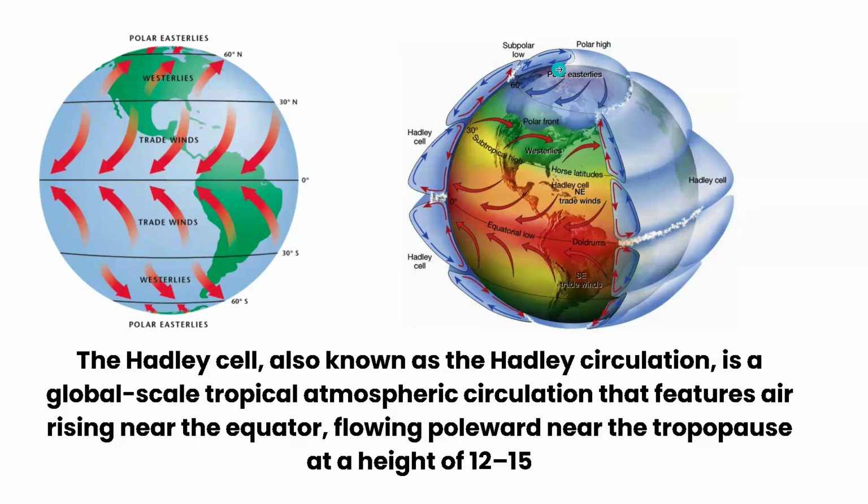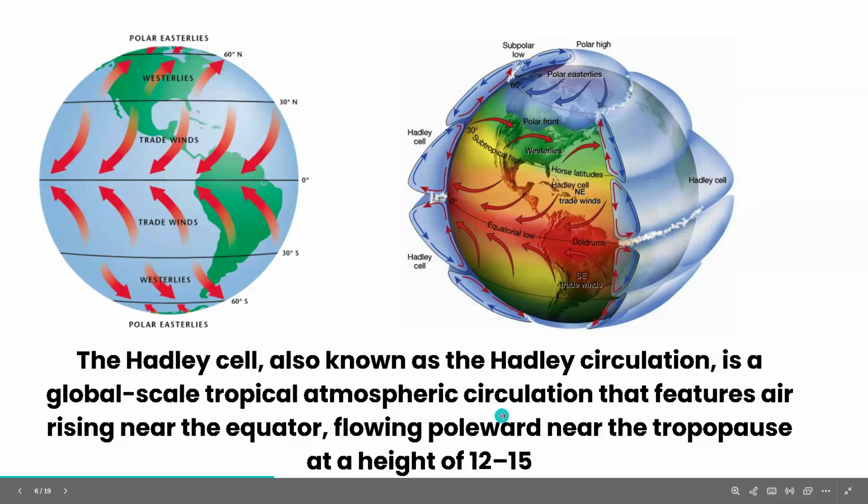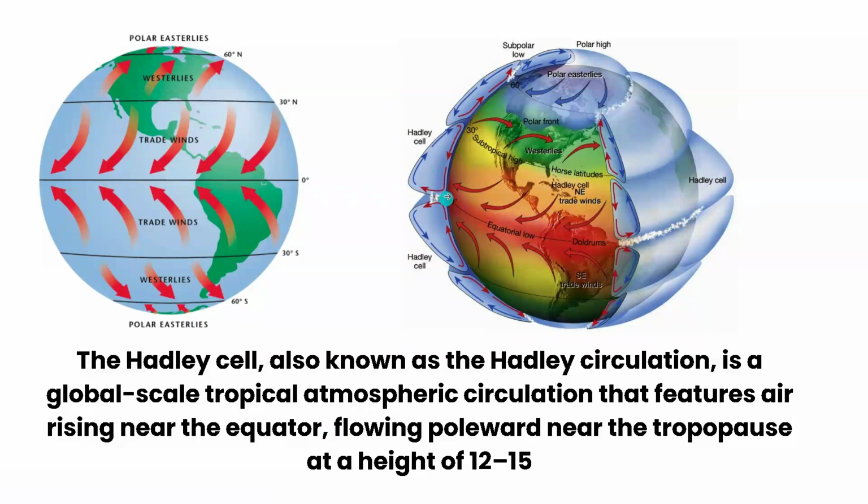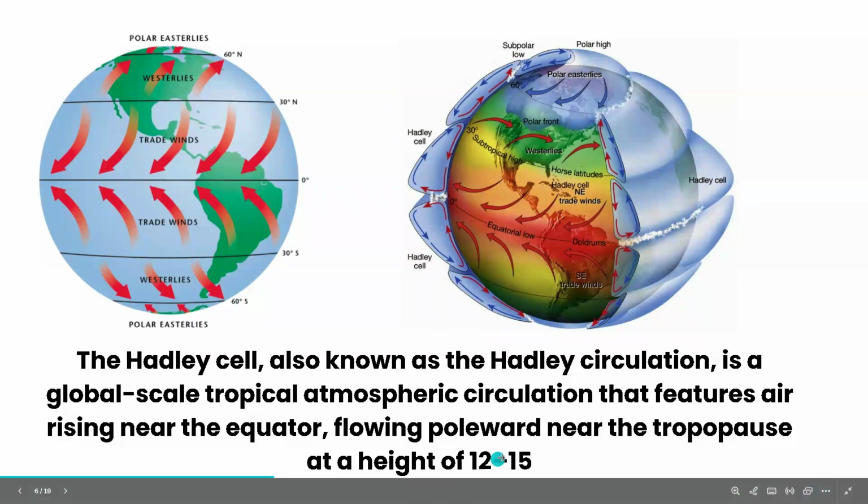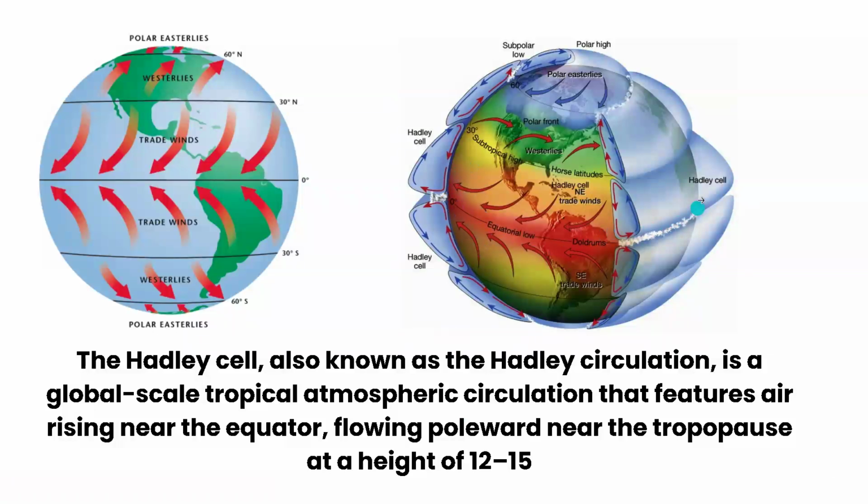And what is Hadley cell? It is a global scale tropical atmospheric circulation that features air rising near the equator, here near the equator, and flowing poleward near the tropopause at a height of 12 to 15 kilometers. Here near equator, you can see how the winds are blowing.